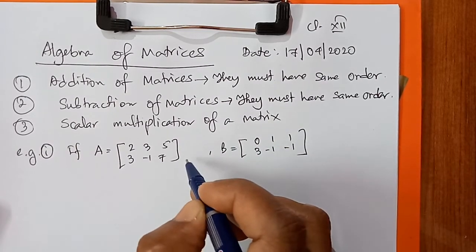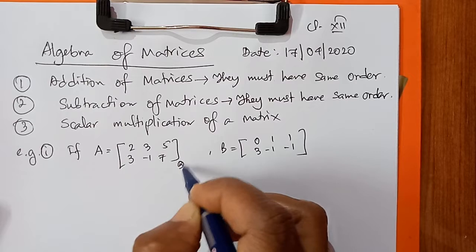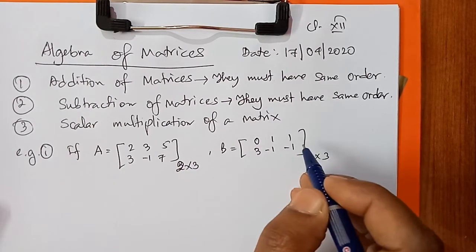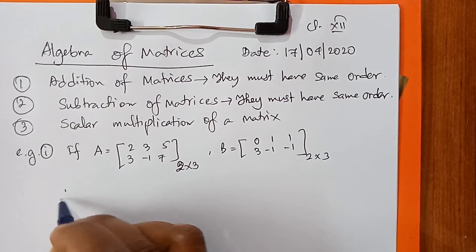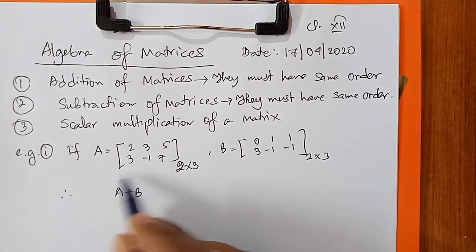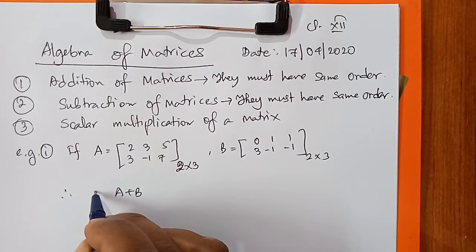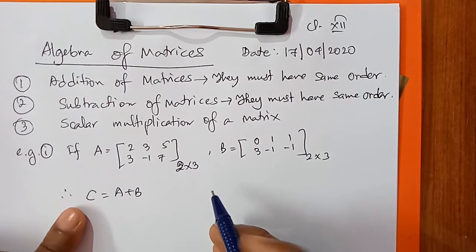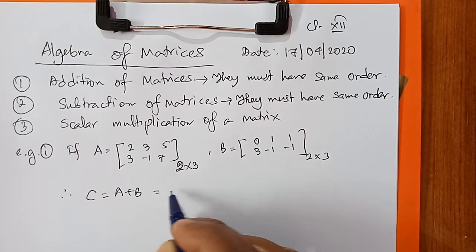See, this matrix is of order 2 by 3, 2 rows and 3 columns. Both are matrices of the same order. Therefore, you can find the addition. A plus B, the sum of the two matrices, you can name with a new name, matrix C. So C will be what?